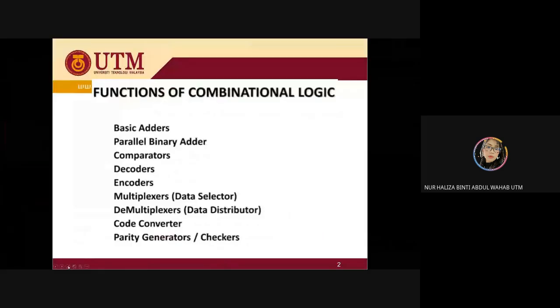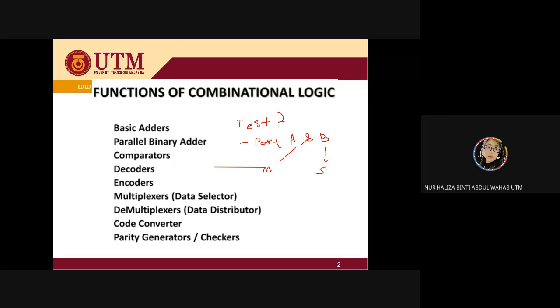There are several things that are important for your test 2. First, there will be a part A and part B. Part A is multiple choice and part B will be a subjective question.